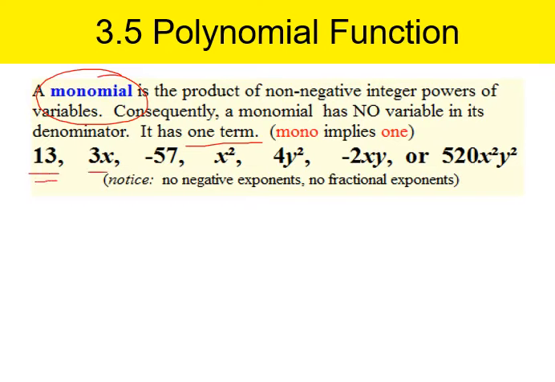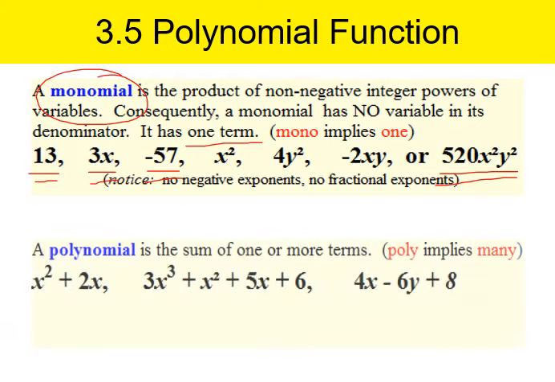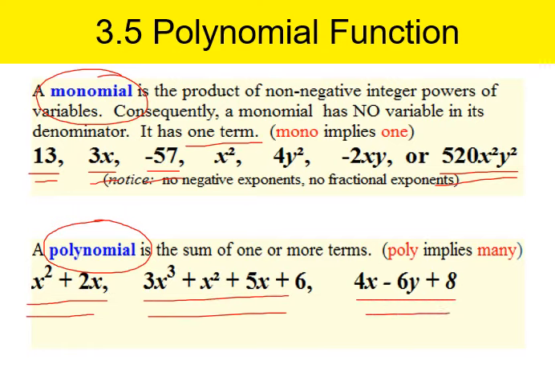Equals to 13, equals to 3x, equals to negative 57, or equals to this term here, 520x squared y squared. The polynomial function is when the function comes with more terms. Let's say this one, or that one, or the last one here. A poly implies many. This is why it calls polynomial function.